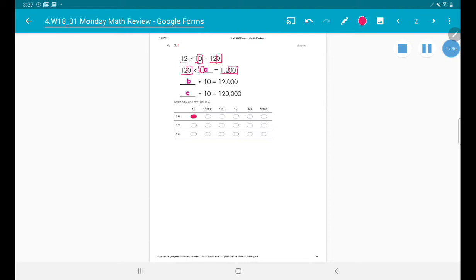Next, we've got what times 10 equals 12,000. Well, what times 1 equals 12? I know that's going to have to be 12. I have 1 zero in my factor, 3 in my product, so I'm going to need 2 more zeros. 1,200.